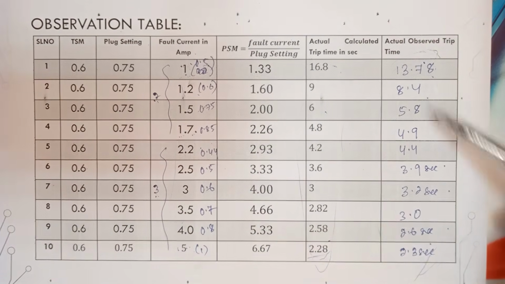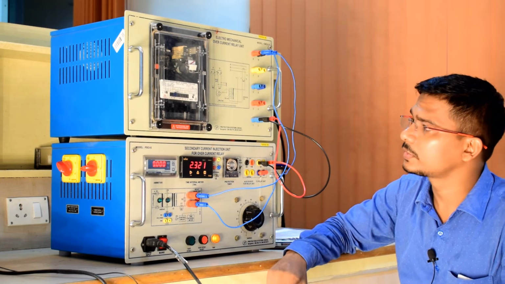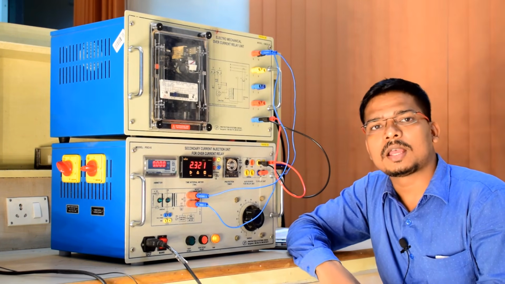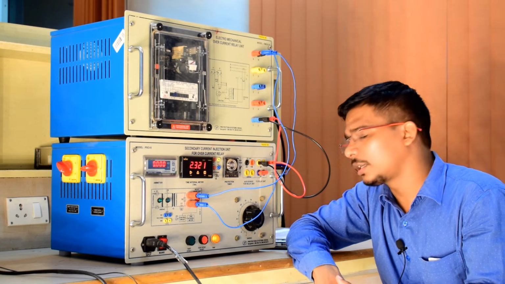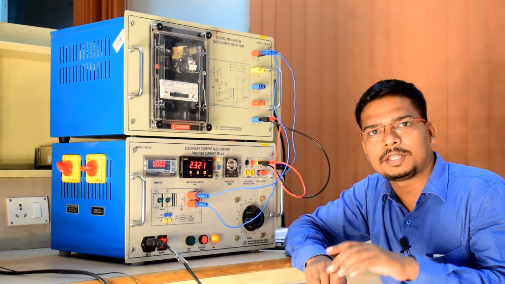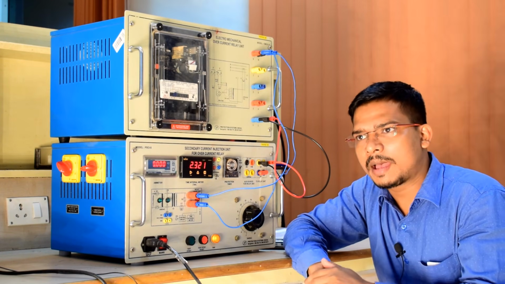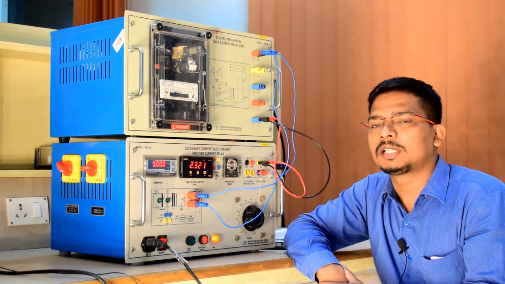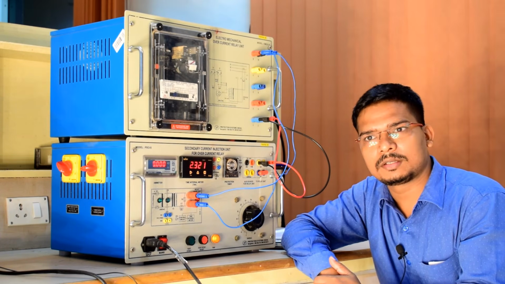Current is increasing, trip time is reducing, that means this is the inverse characteristic. Then what do we have to do after this? After this we have to plot these observations in a table.